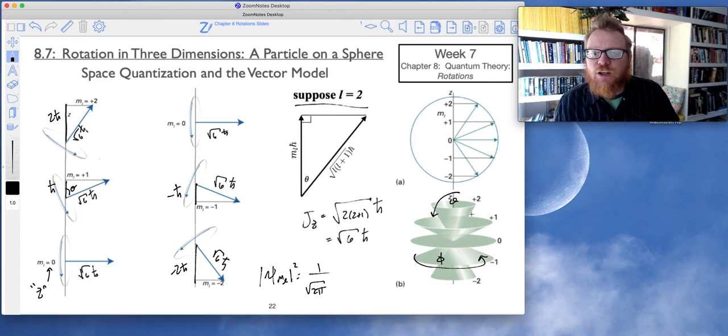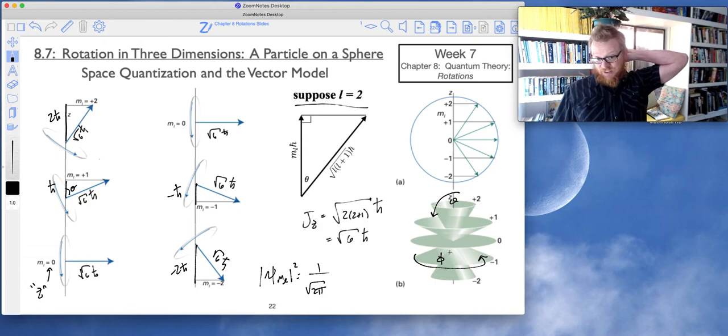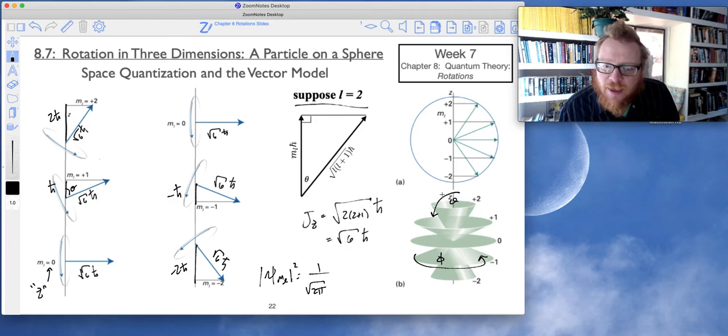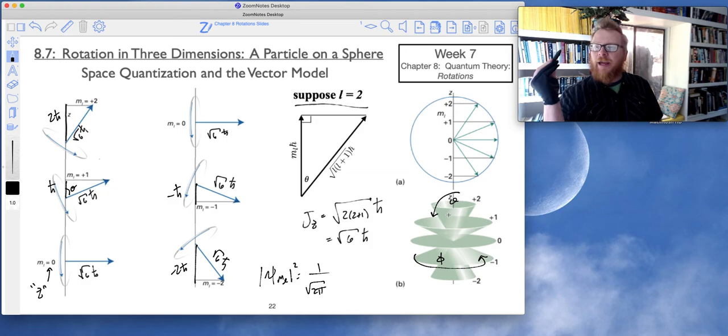So these projected cones represent our angular momentum, right? So you can see here is that +2 state, okay? And we can see the particle is spinning round and round and round, but because we know that there's no phi dependence, that root 6 h bar at angle theta smears around all phi angles, okay? So this is what we call the space quantization model, all right?